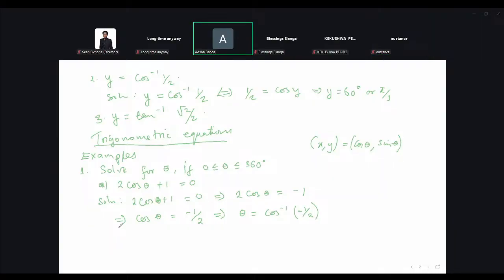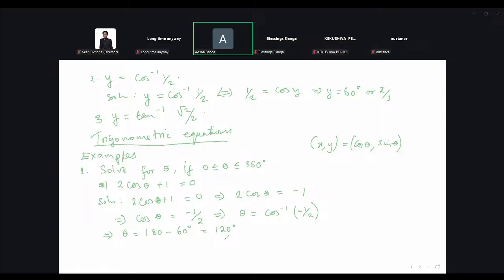But now we are in the second quadrant and the third quadrant. So in this case, the angle that we'll be looking at in the second quadrant will be equal to 180 minus 60 degrees. So that is the angle that we are going to have, which gives us 120 degrees.